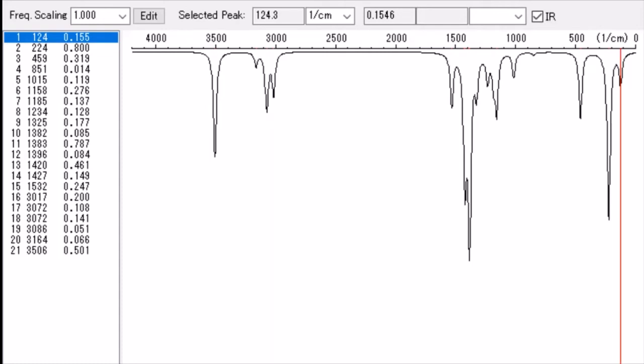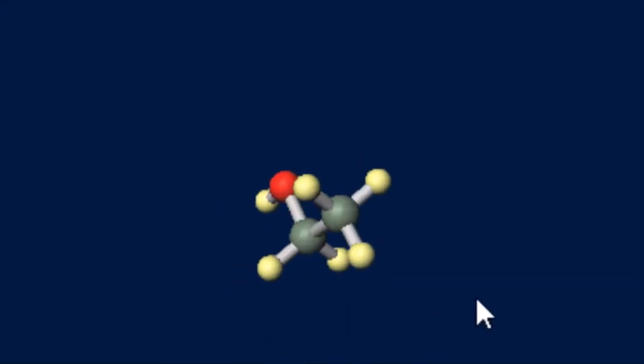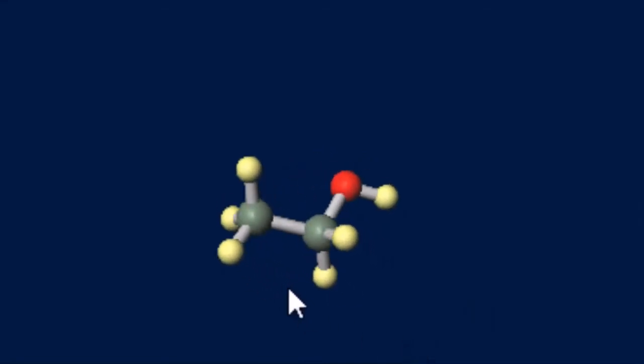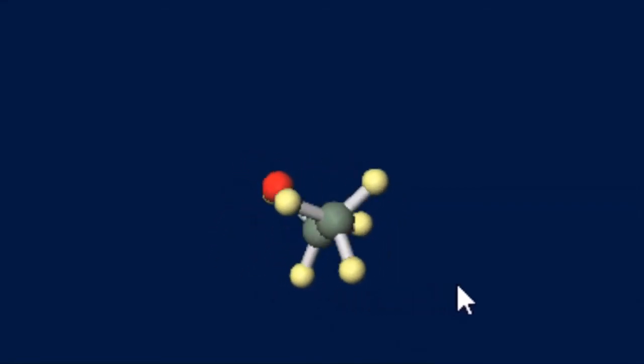You can see here this kind of vibration. That peak corresponds to this vibration in the molecule. This is also a rocking kind of vibration.